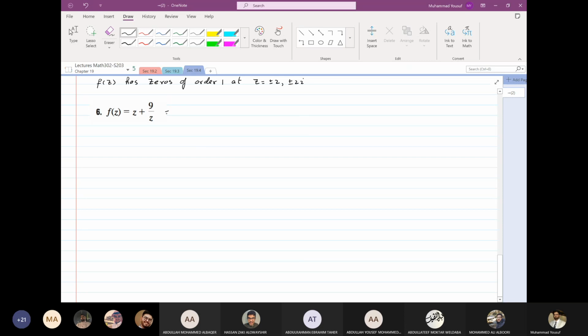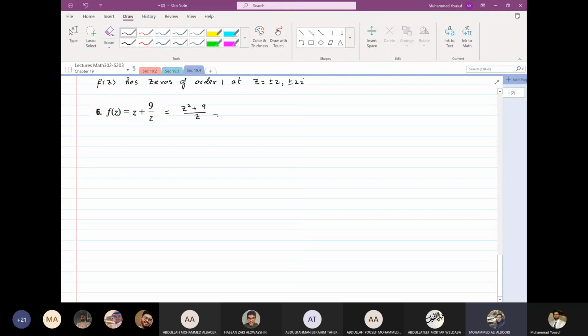Now we can write this as z square plus 9 over z. Now can we factorize numerator? Is there something which can make numerator equal to 0? Yes. 3i.